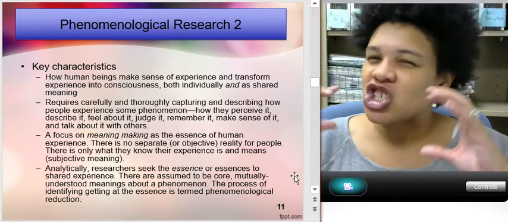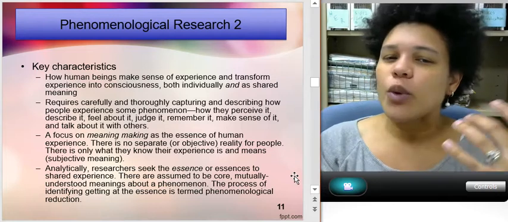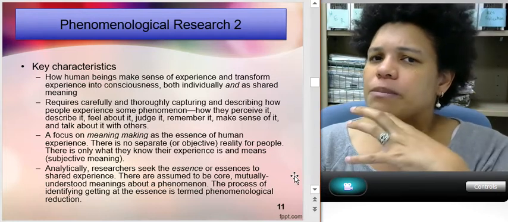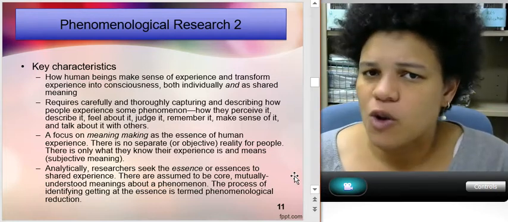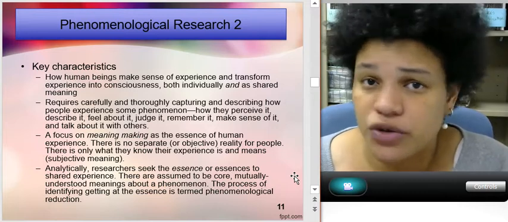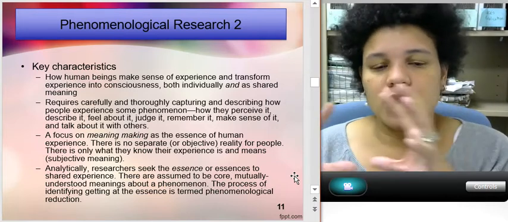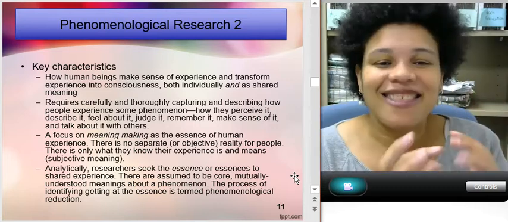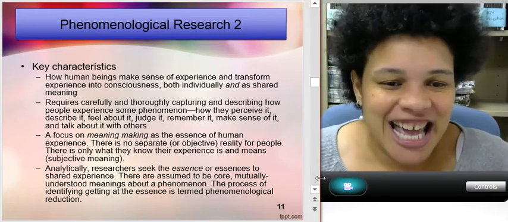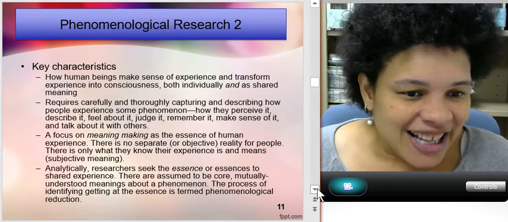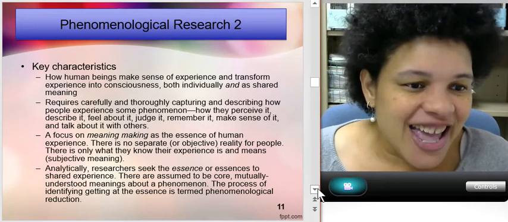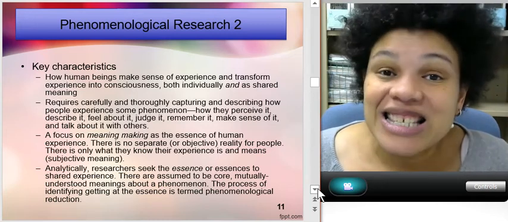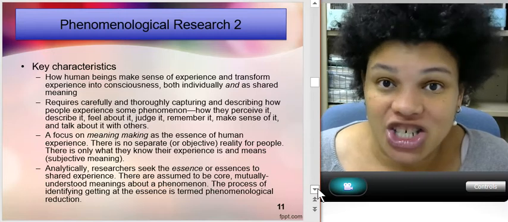Okay, and shared meanings. What are all of our perspectives on the role of discipline in elementary education, for example, within the sample that the researcher is looking at? Okay, all right. This idea of getting to the essence is termed phenomenological reduction.